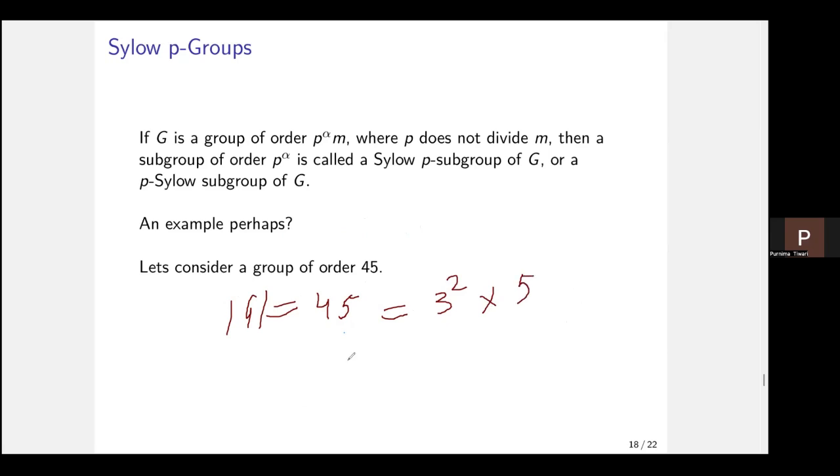That means that there exists one 3 Sylow group and one 5 Sylow group. But the order of the 3 Sylow group would be 3 squared and not 3. Okay.